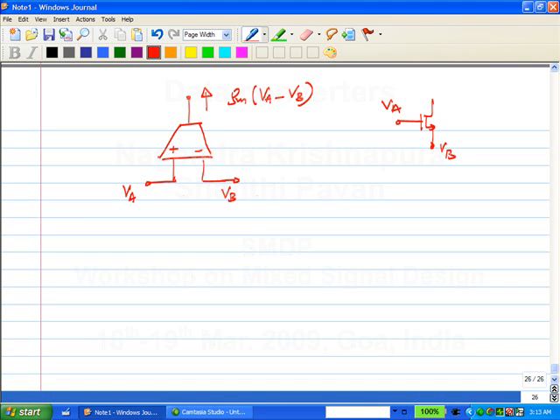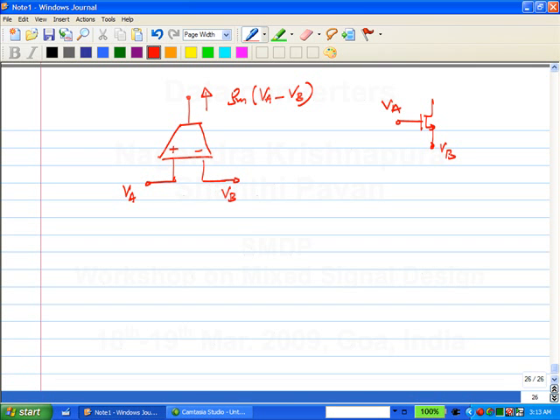Another thing, as he points out, is that the impedance looking in at VA is very high. There is no DC current, but VB is the source of a transistor, right? So clearly, this is not a workable idea. Anything else? Please follow my question again.